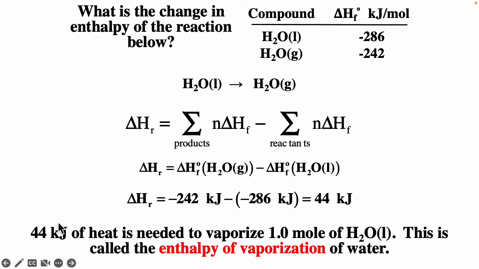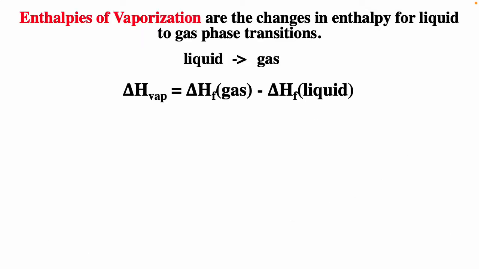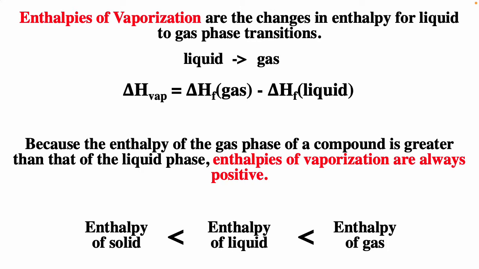If you look at a table of enthalpies of vaporization, you'll see that the number is a little bit different, because here we have the standard enthalpy of formation, and that's defined at 25 degrees Celsius, but typically enthalpies of vaporization are defined at the boiling point. Enthalpies of vaporization are always the change in enthalpy for a liquid going to a gas. The enthalpy of the gas is always greater than the liquid, and so enthalpies of vaporization are always positive.